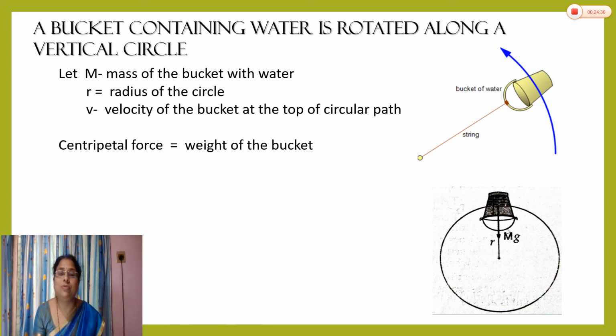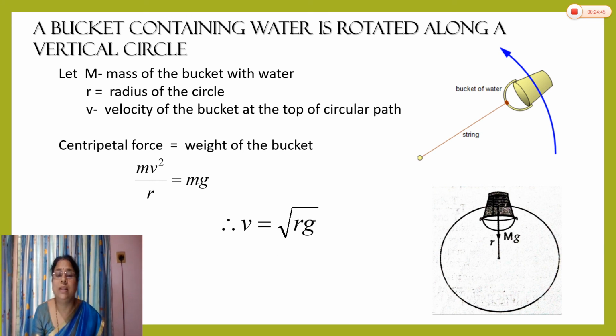The centripetal force is equal to weight of the bucket. So what we can get again? mv²/r is equal to mg. The same equation as that we use in the sphere of death. Now here v is equal to √rg. That is, we can say with this velocity the bucket can move from the top without spilling the water.